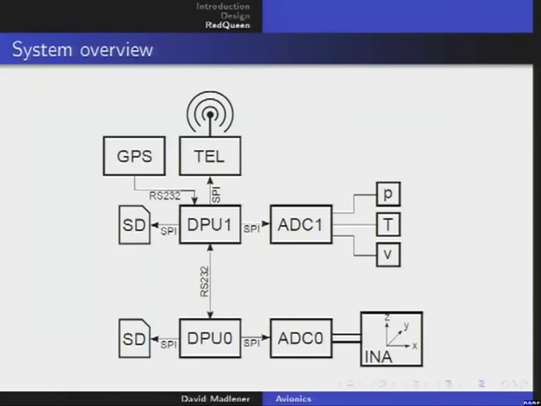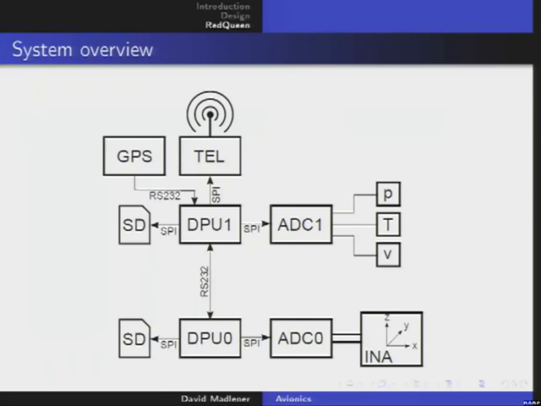On this DPU, the data processing unit, there is an SD card that just records everything that is measured by the ADC and by the inertial navigation. So the data flows through the ADC to the DPU onto the SD. If you recover the SD, you have all the flight data you want.